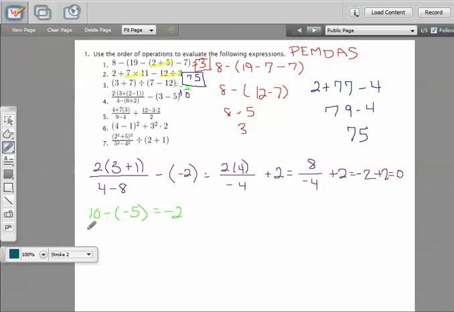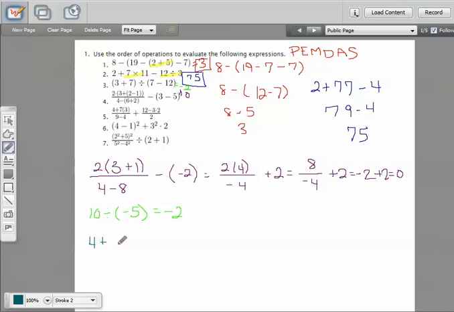For number 5, we want to start with our multiplication first. So we get 4 plus 7 times 3, which is 21, over 9 minus 4, which is 5, plus, now in the second fraction here, we do need to do multiplication first.